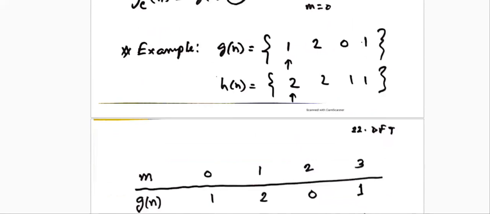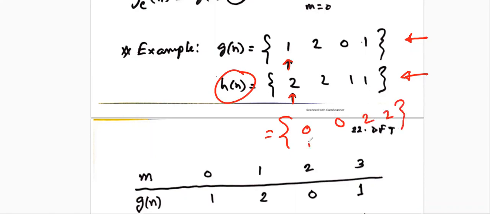Now we can give one example. Example for g(n) is given like this, and h(n) like that. Sometimes you may ask me whether all signals should start from the 0th sample. The answer is yes. Sometimes h(n) could look like 0, 0, 2, 2.